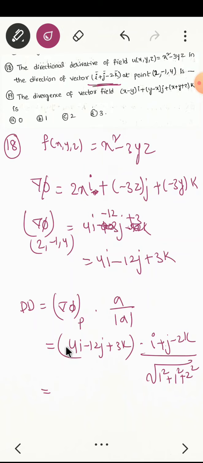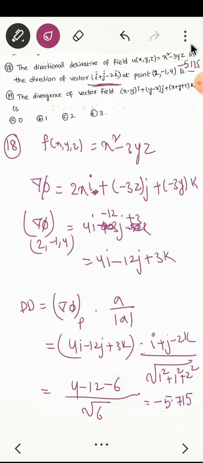What you will get? Dot product: 4 ones are 4, minus 12 ones are minus 12, plus 3 2s are minus 6, divided by root over 6. So I am getting it as minus 5.715. Okay, you can substitute it in the given blank.